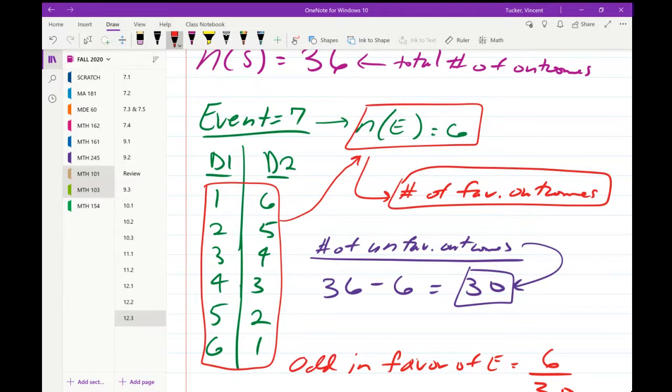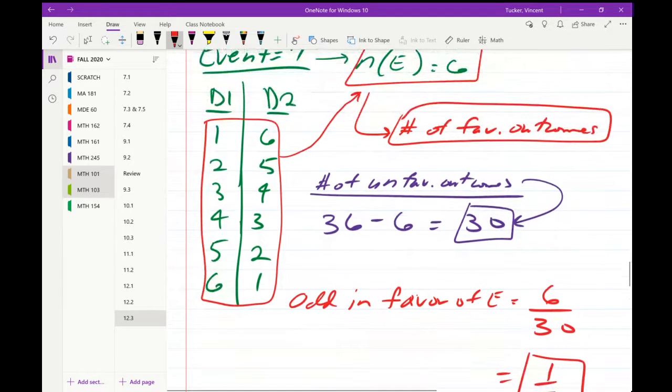All right. So odds in favor, you take the number of favorable outcomes, which is 6, and place it over the number of unfavorable outcomes, which is 30.